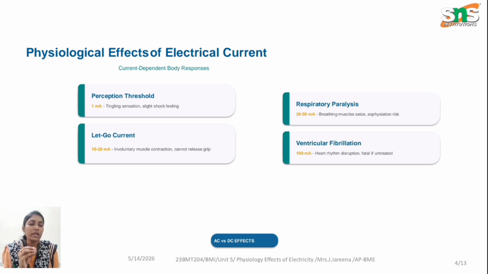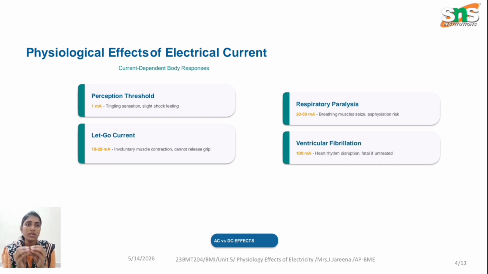So, for example, if current is passed during the T wave, at the resting state before starting the next pumping cycle, the heart is more vulnerable, and it will start to contract irregularly and abruptly disturb the whole functionality of the heart. That case is called ventricular fibrillation, and it is very dangerous.